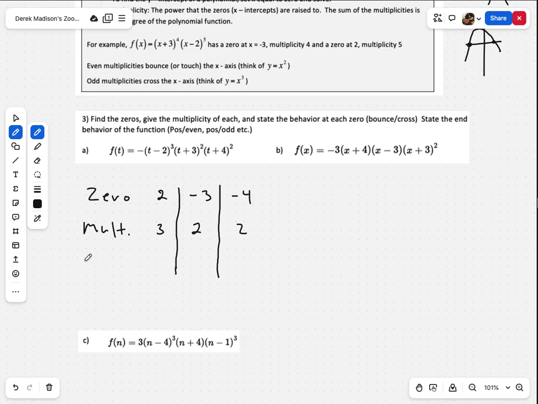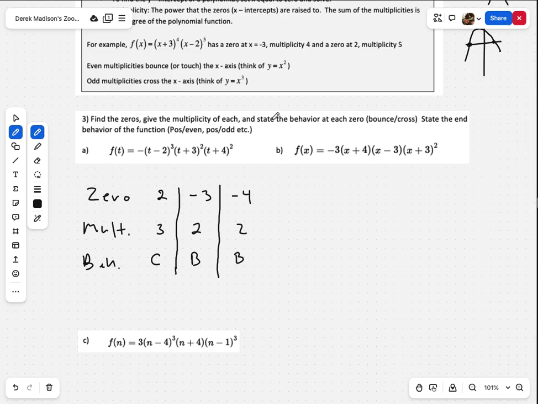In terms of the behavior, we're looking for bounce or cross there because that will be important when we graph in just a second. So since this is an odd multiplicity, it doesn't matter the even odd of the zeros. What matters is the even odd of the multiplicities. Odd multiplicities are going to cross, so I'll just call that C for cross. Even multiplicities are going to bounce, so both of these two would bounce.